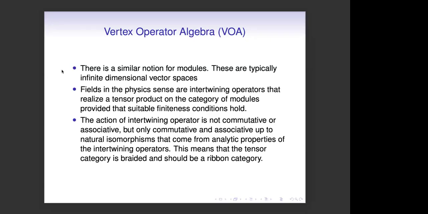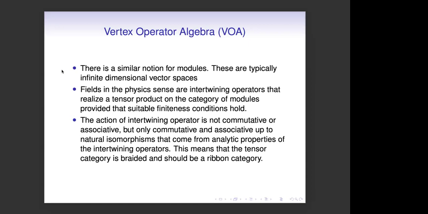So the fields in the physics sense are the intertwining operators, because the product of two intertwining operators is not a rational function in differentials of insertion points, but there can appear fractional powers and worse. And so in particular, a priori, it's not clear that you get the same answer if you apply intertwining operators in different orders.